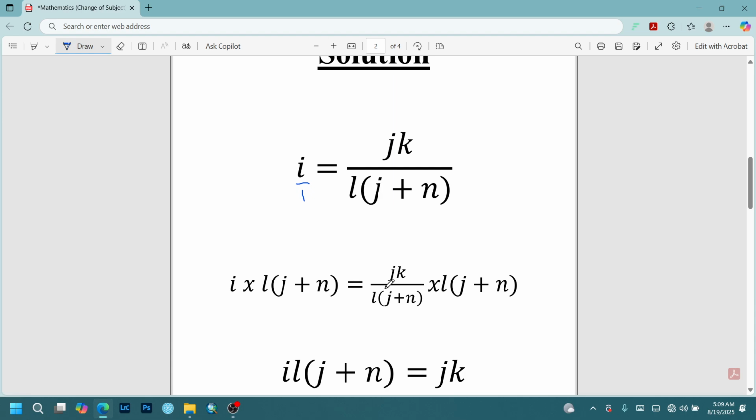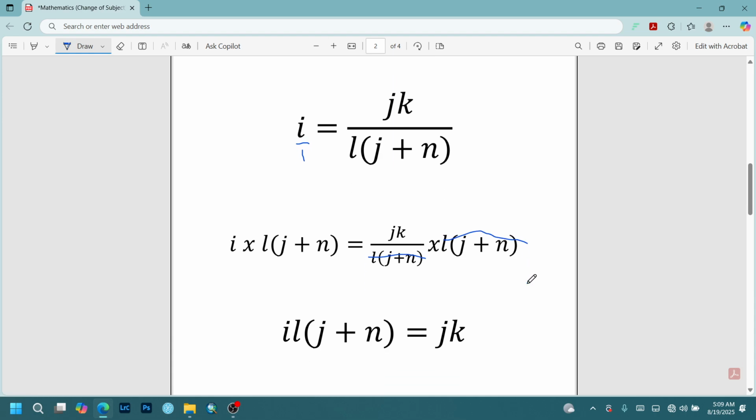So L multiplying J plus N will cancel L multiplying J plus N, right? Leaving JK to stand on its own. So we are going to have I multiplying L will give you IL, right? So we are going to have IL multiplying J plus N equals JK.